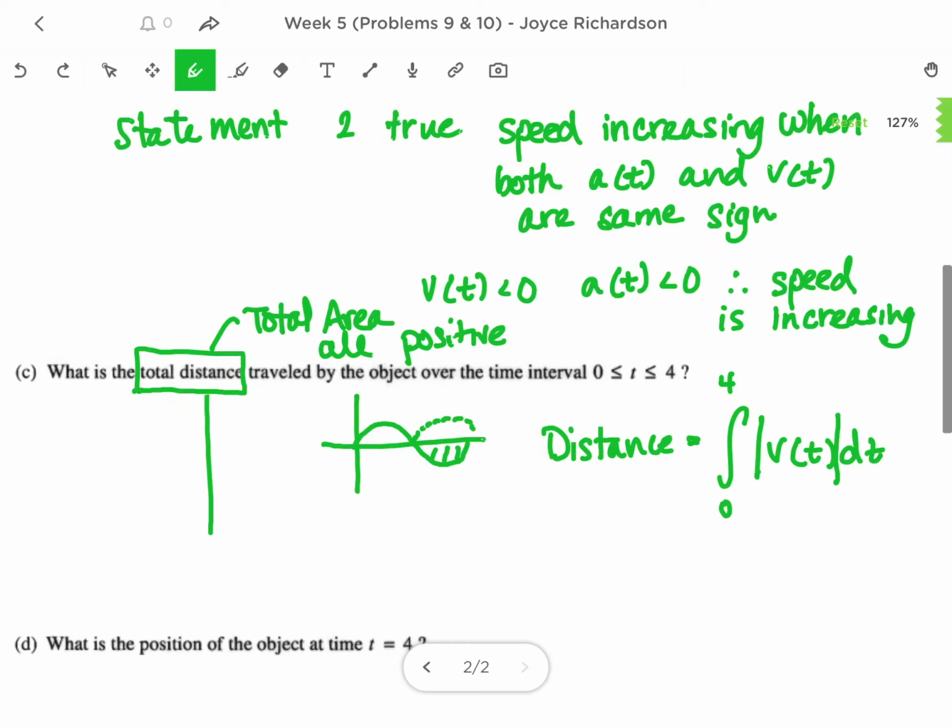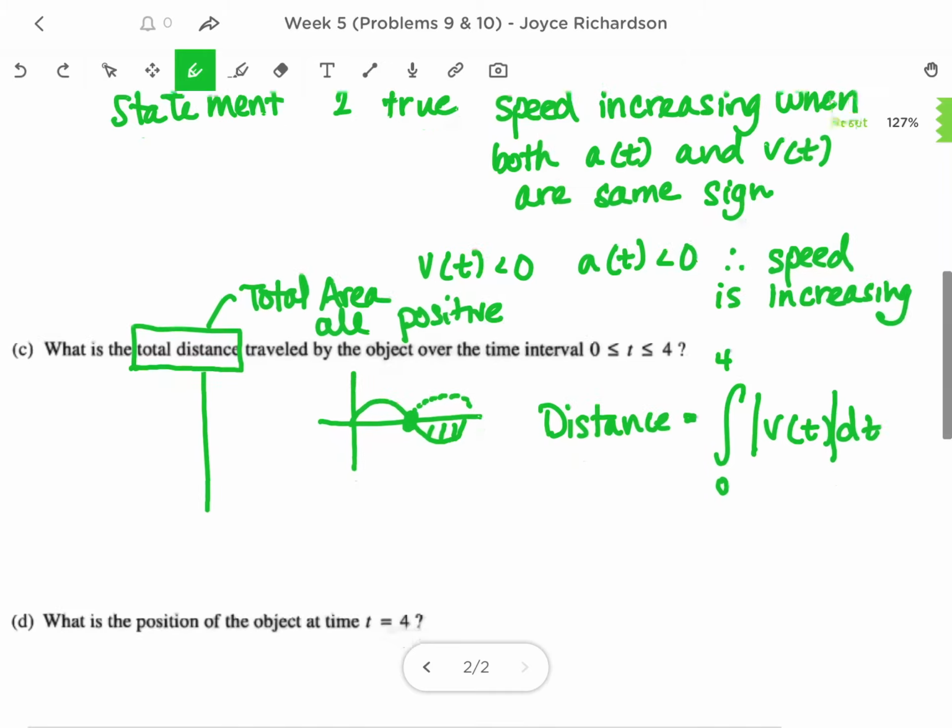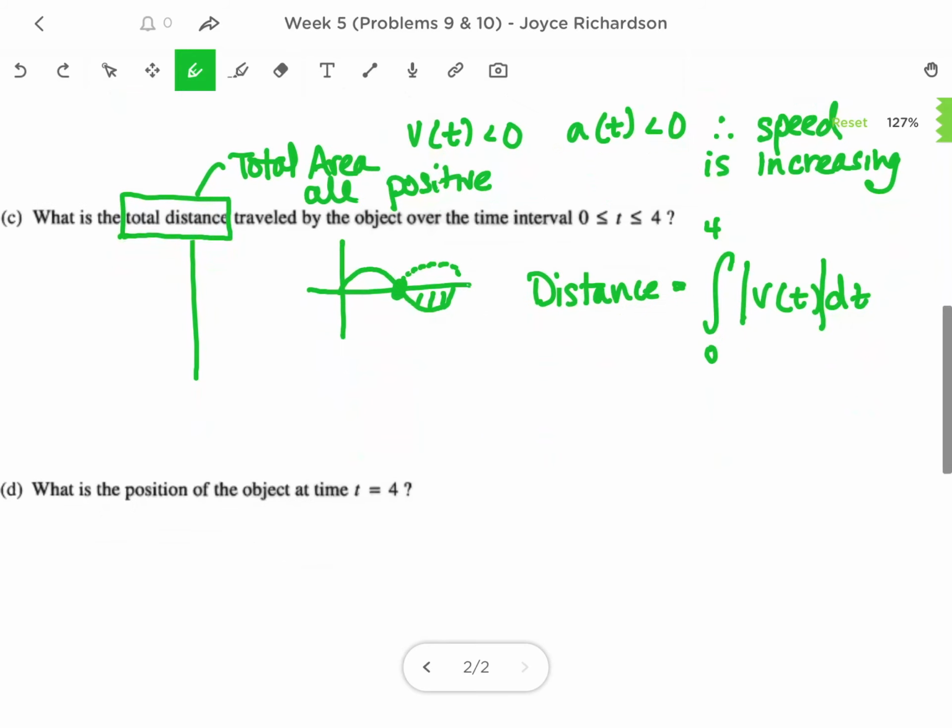I need the absolute value of that. That's the same thing as writing 2 separate integrals and counting everything under there. I could have written 2 separate integrals, one and then the negative of the other, or the other option is I need the absolute value. When you get that, it will get you to your answer.